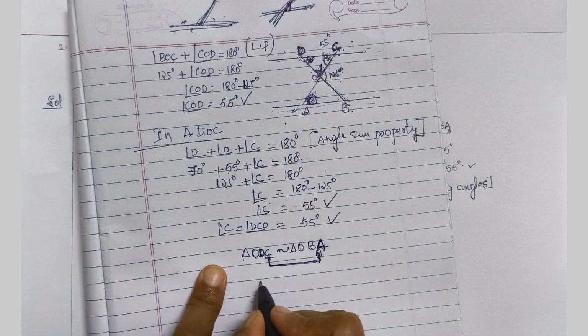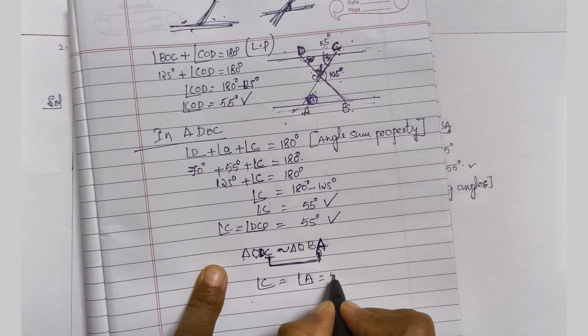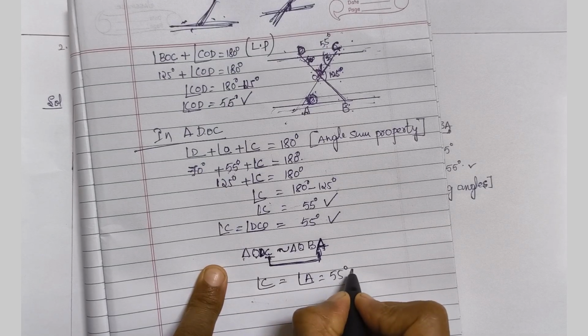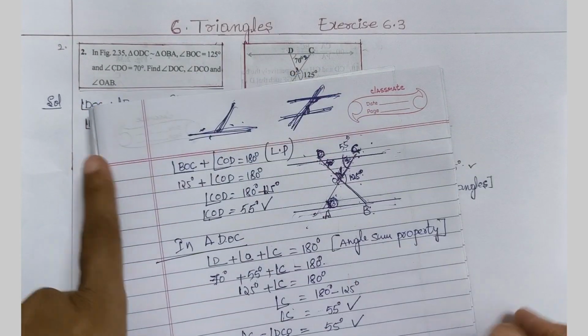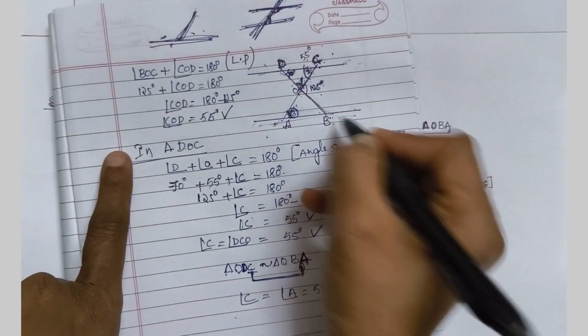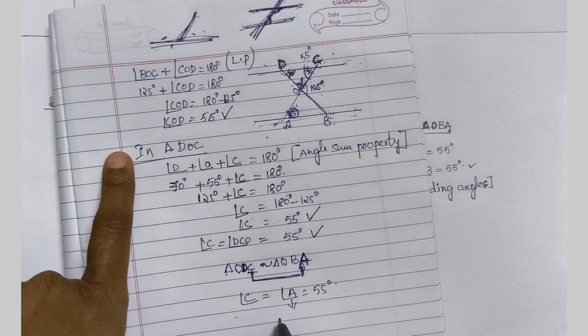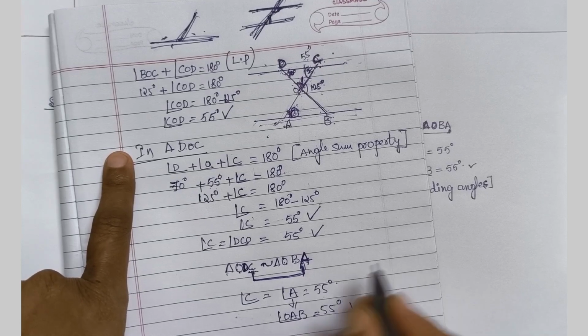C is 55 degrees, so A is also 55 degrees. Angle C is equal to angle A, which is 55 degrees. A is given in the question as OAB. So we can write angle OAB is equal to 55 degrees. This is the answer.